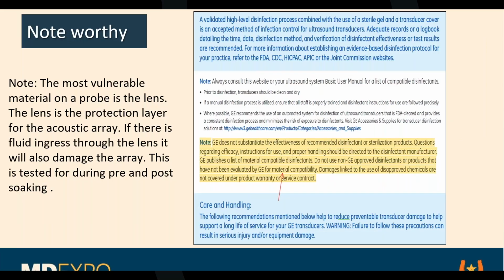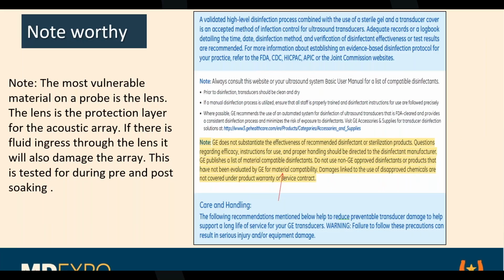GE does publish a list of material compatible disinfectants. Do not use non-GE approved disinfectant products that have not been evaluated by GE for, look at this, material compatibility. They're worried about their probe getting destroyed, right? Rightfully so.